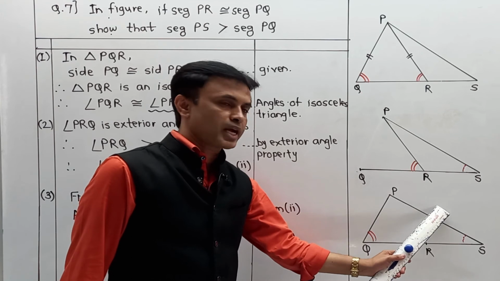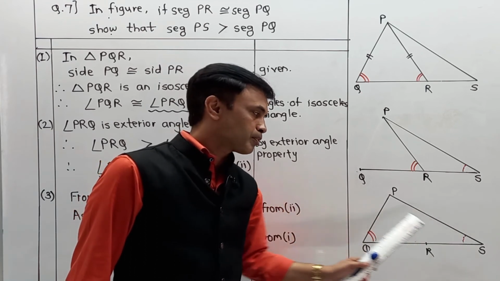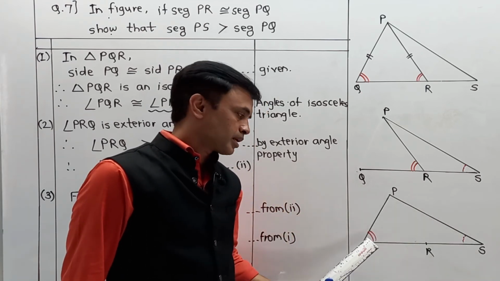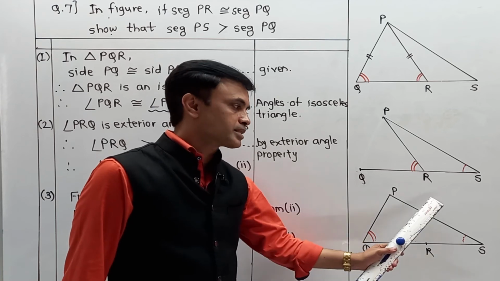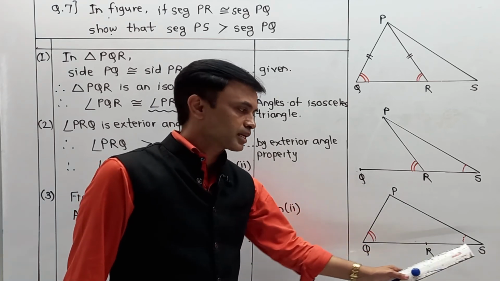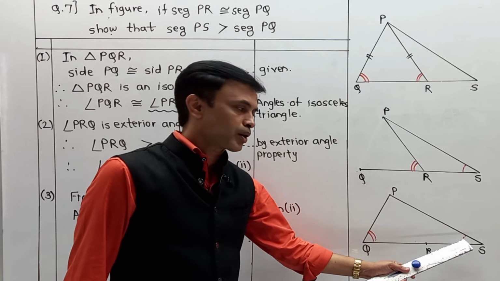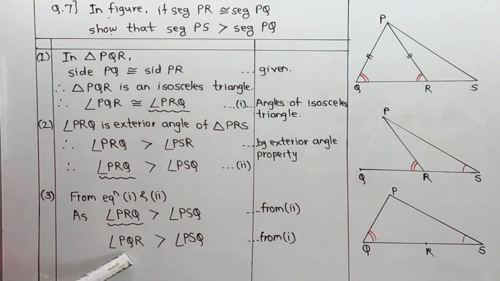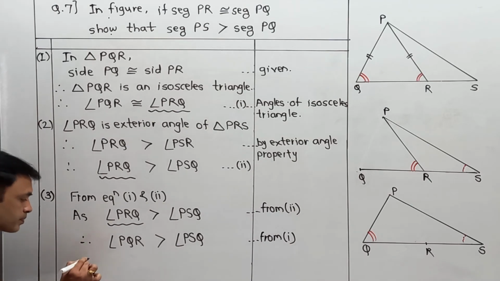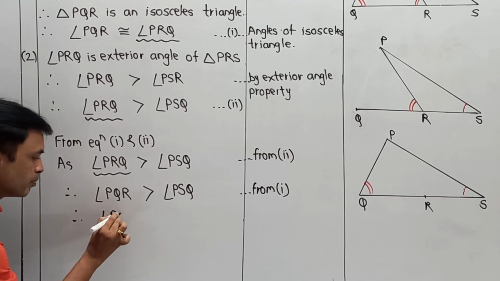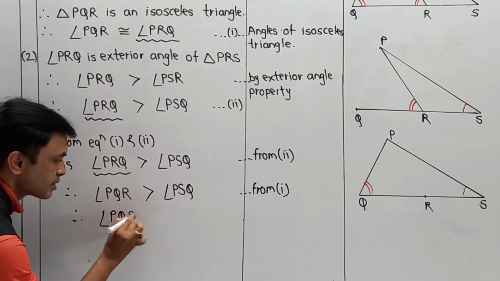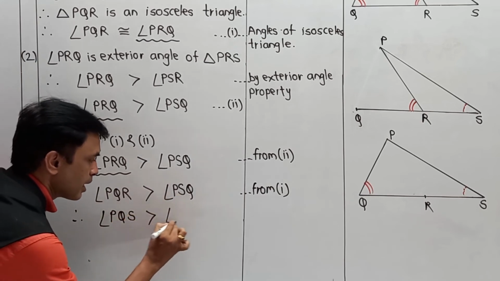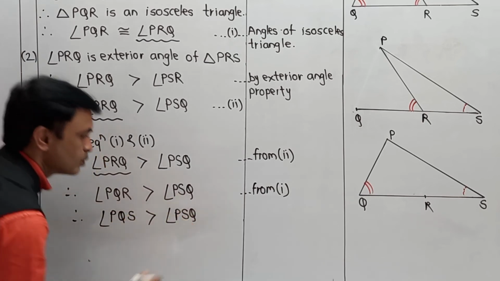Naturally opposite to this angle, this side is larger, or opposite to this angle, side is smaller. As this angle Q is greater, then its opposite side is greater, means PS is greater, or you can say angle S is smaller, its opposite side PQ is smaller. So instead of PQR, making modification, angle PQS is greater than angle PSQ.